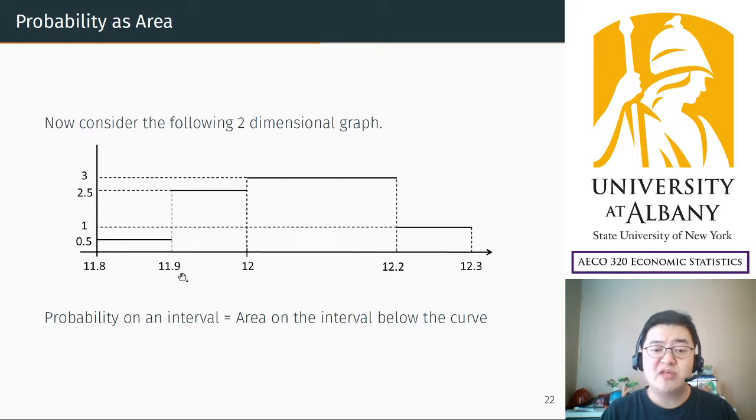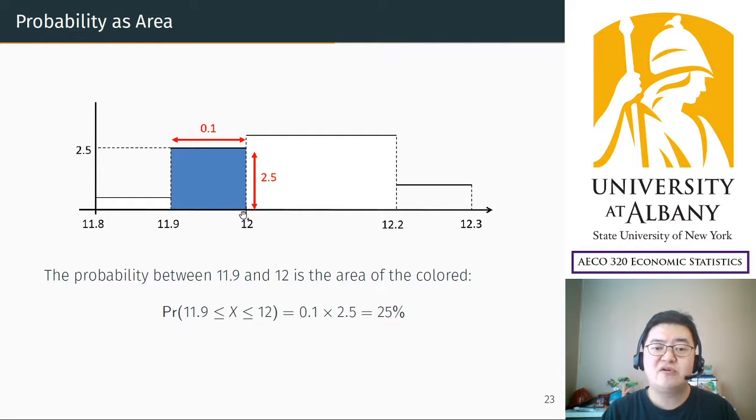And what we are going to do here is interpret this. When you have one dimension, we only consider the length, but now we will consider the area on the interval below the curve. Previously, when you calculated the probability between 11.9 and 12, we only considered the length of that interval. But now, not only the length, but also we have to consider its height, right? So you are interested in this interval, then you have to calculate its area below the curve.